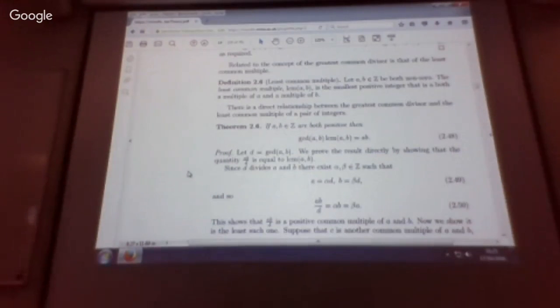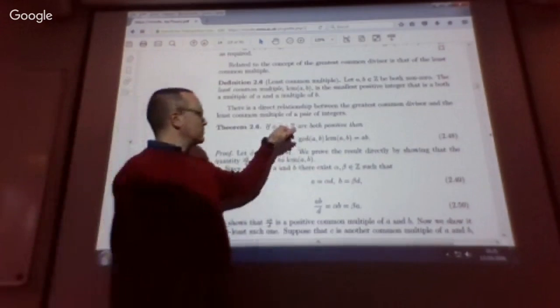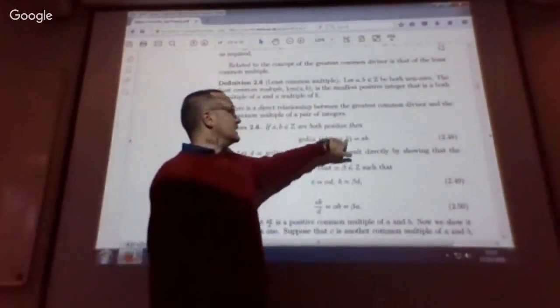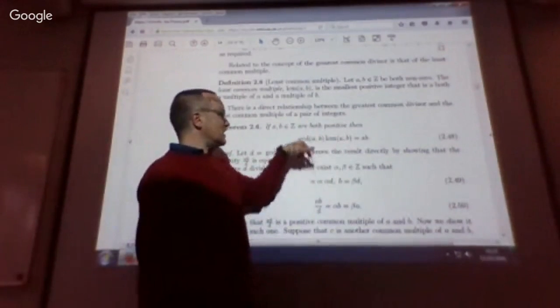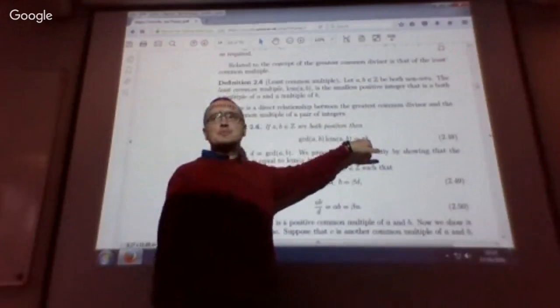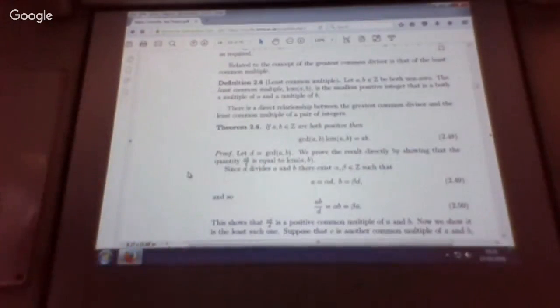Theorem 2.6 says, you've got a pair A, B, the GCD and the LCM are locked together because when you multiply them together, that has to be equal to the product of the two integers, A times B. We can observe that here. So the GCD of 6 and 15 is 3, as we observed.